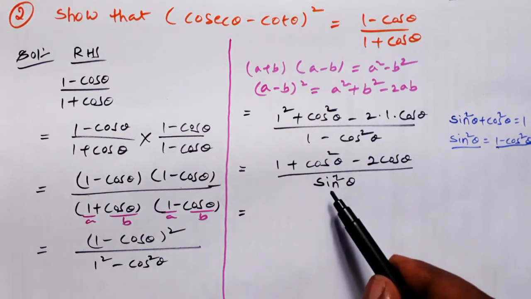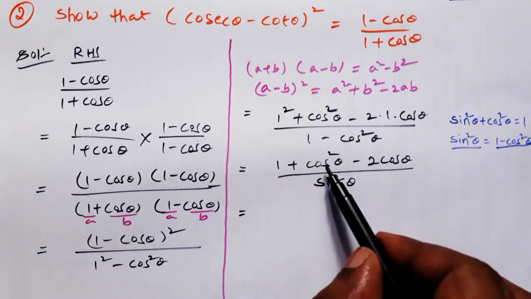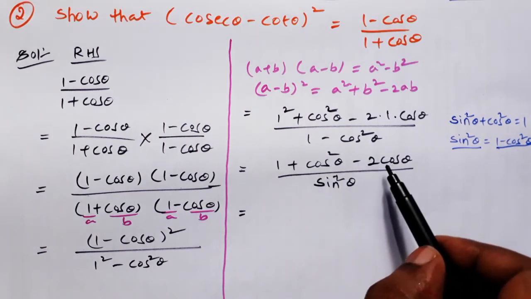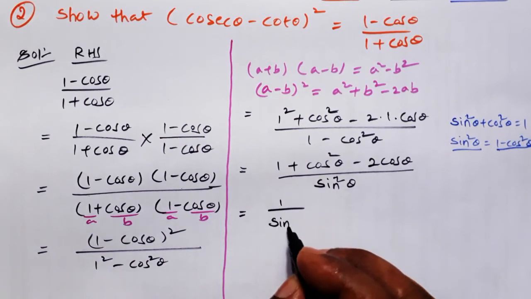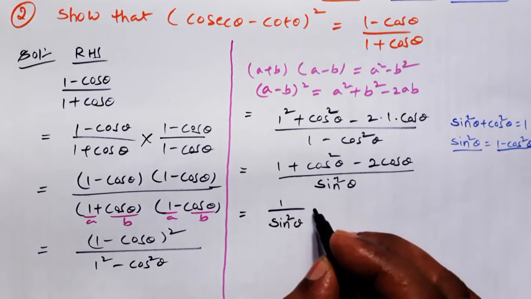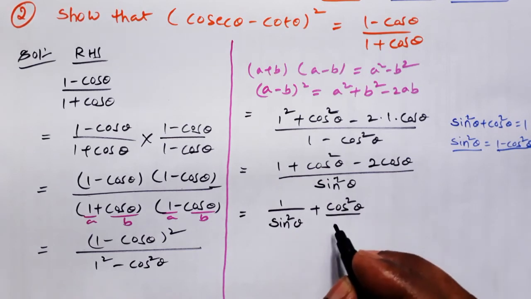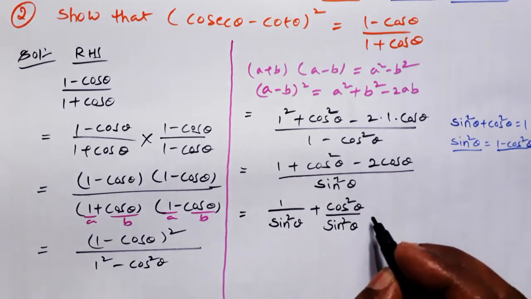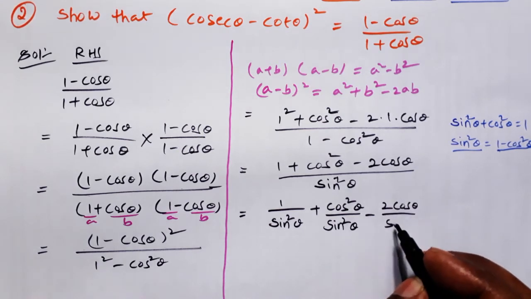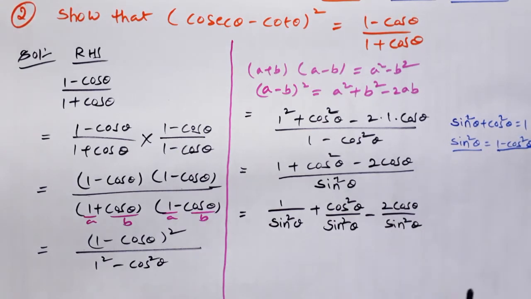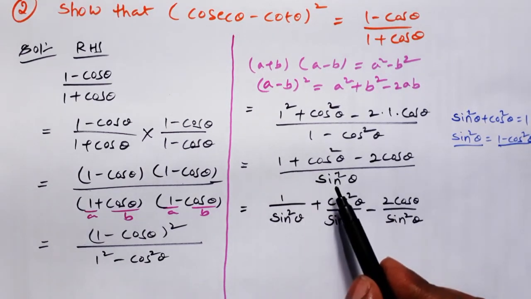This denominator you write for 1 and for cos square theta and for 2 cos theta separately. That means 1 by sin square theta we can write, plus cos square theta by sin square theta we can write, minus 2 cos theta by sin square theta also we can write. Why? Because for all these 3 same denominator.